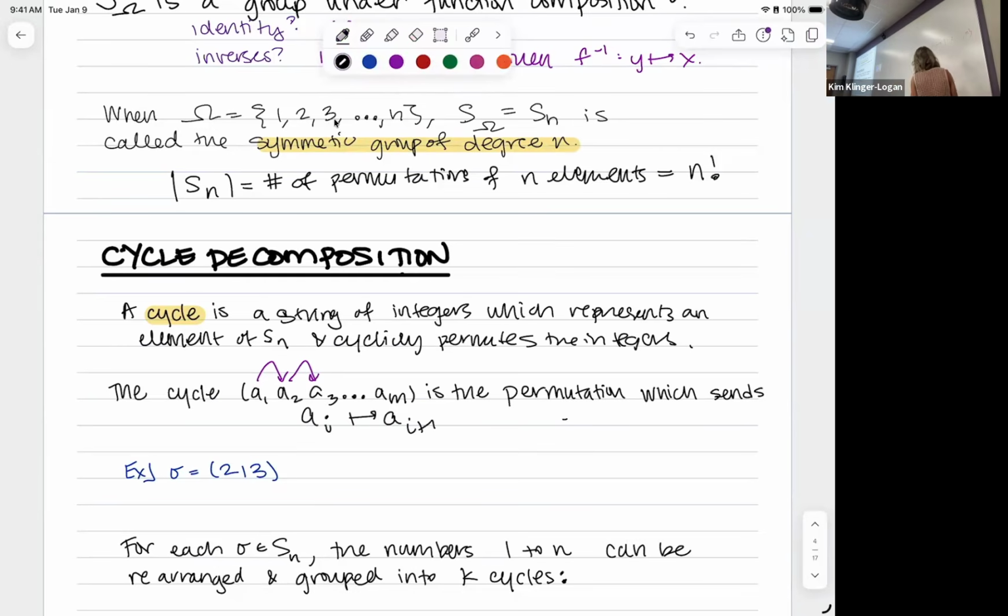Let's say it's 1, 3, 5, 7, and then 2 or something like that. So what is this permutation? How would I write this in cycle notation? I would write sigma as, well, the first thing I'm just going to say, where does 1 go? 1 goes to 3, so that's the thing I'm writing next. Okay.